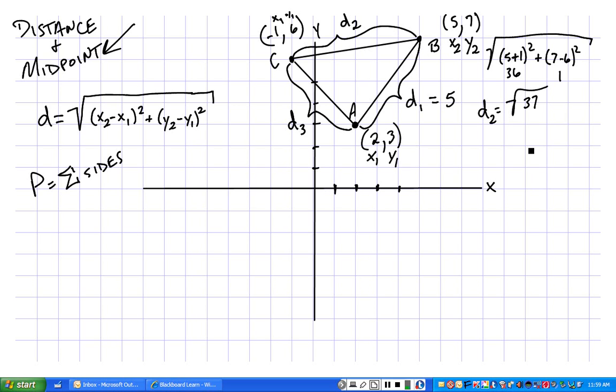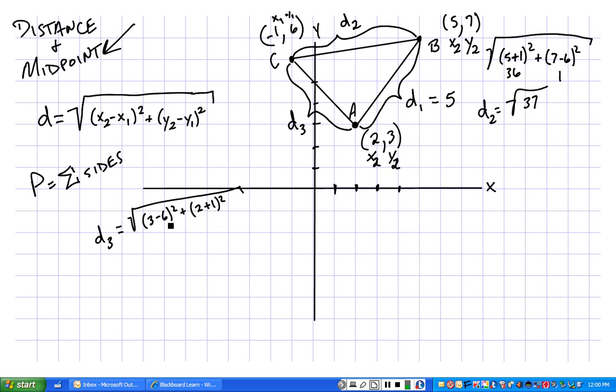Okay, and let's see if we can find C to A. So now we want to find D3, and since we have C as x1, y1, we can change A to be x2 and y2 now. So our D3 is going to be the square root of y2 minus y1 squared plus x2 minus a negative, so it's plus, squared.